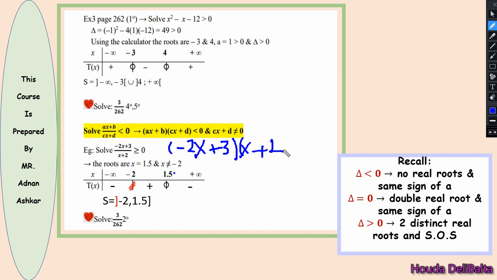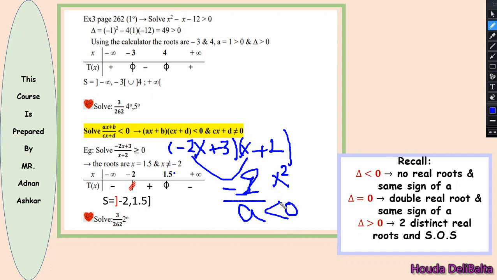Without wasting time expanding, we can directly notice that when expanding minus 2x by x, we will get minus 2x squared. And that means that a is negative.